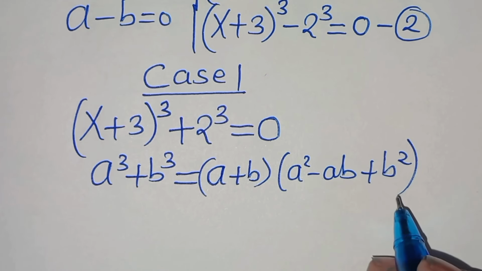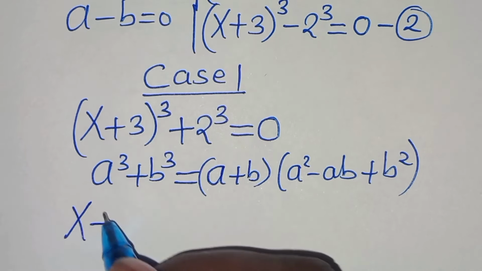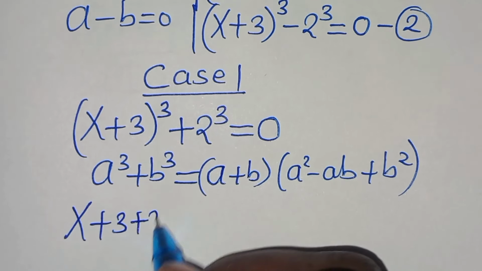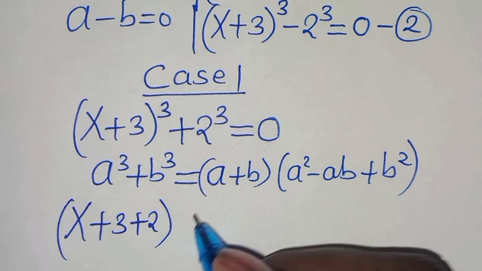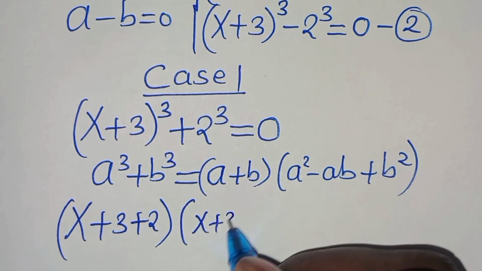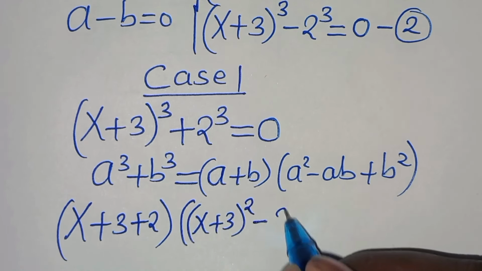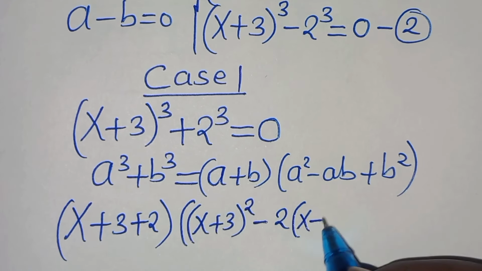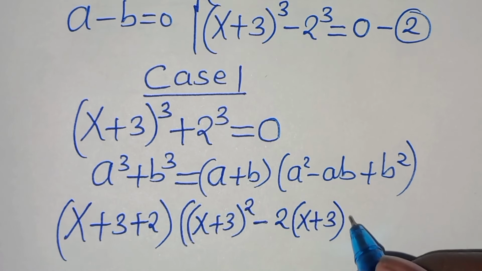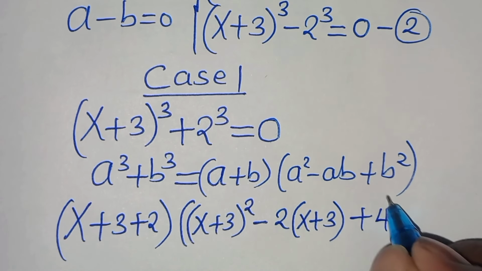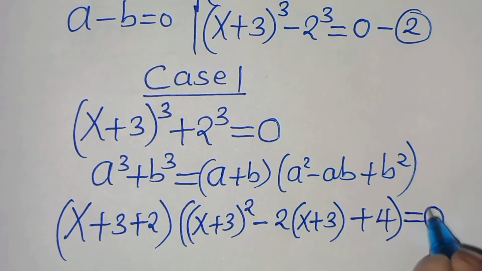Applying this identity, we have (x + 3 + 2) times ((x + 3)^2 minus 2 multiplied by (x + 3), then plus 2 squared, which is 4), equal to 0.